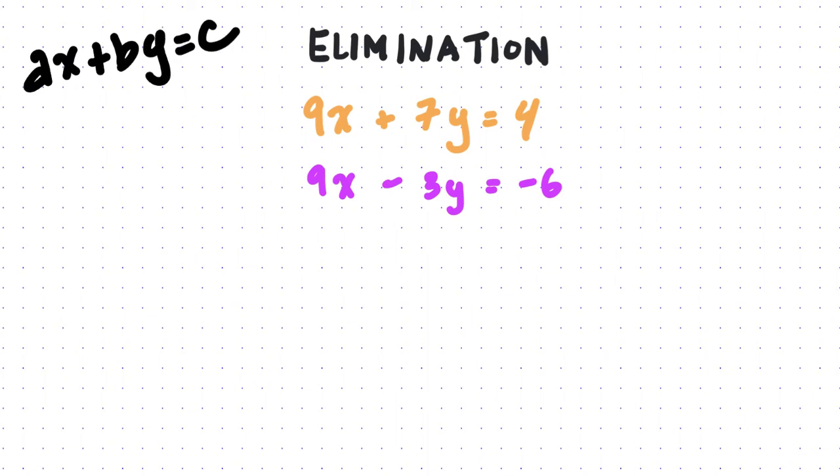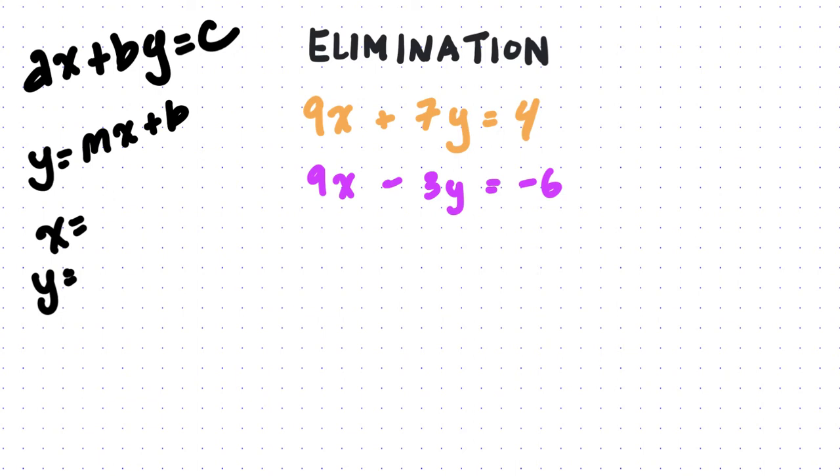This means that we cannot use the equal values method, because the equal values method needs to have both of your equations in the same format, y equals mx plus b. And we cannot use the substitution method because none of these are written in terms of y or x. And so we have to use the final strategy known as the elimination method.